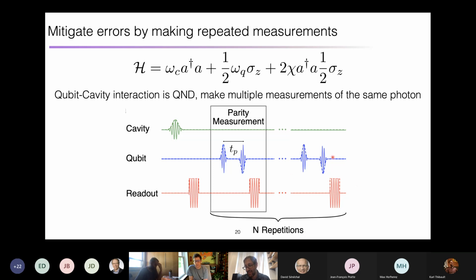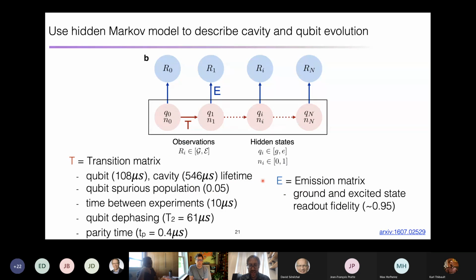We can use the information from all of them. So if there's one false positive, we can reject that. If there's a false negative, we can assume that there's probably still something there. And the way to do this, which was suggested by Konrad Lehnert, is to use essentially a hidden Markov model.